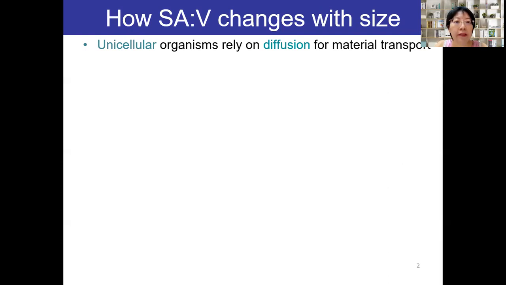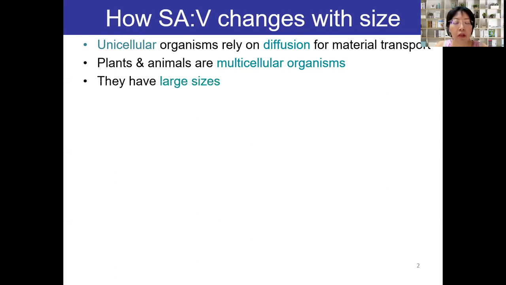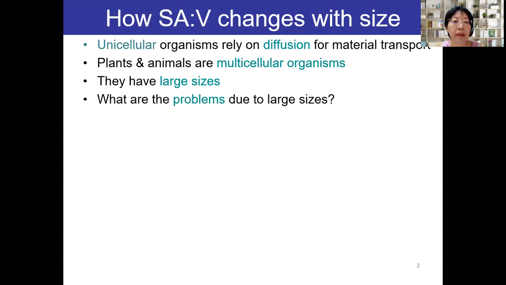Plants and animals are multicellular organisms. Therefore, of course, they will be larger in size because they have more cells compared to unicellular organisms. Definitely, we are bigger. So what are the problems when our sizes become bigger and bigger?